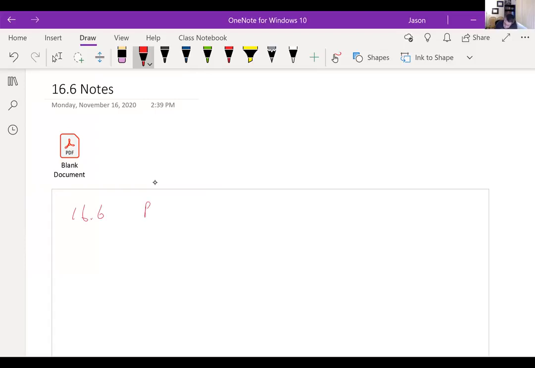is parametric surfaces and their areas. Okay, so we have some sort of surface.